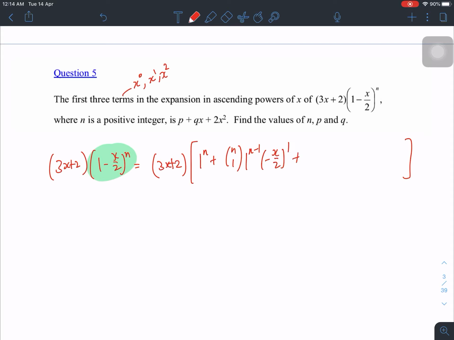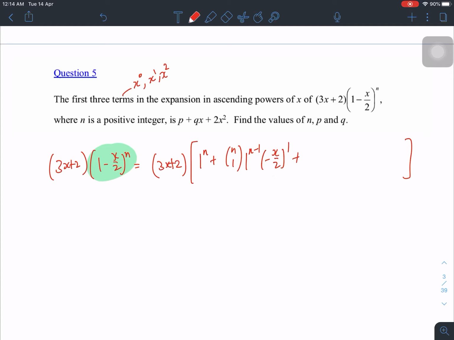Then you realize that every time you expand, the first term power drops by 1 and the second term power increases by 1. But you realize that the first term is always base 1, so 1 to the power anything is 1, so we can just ignore. So we just focus on the second term.